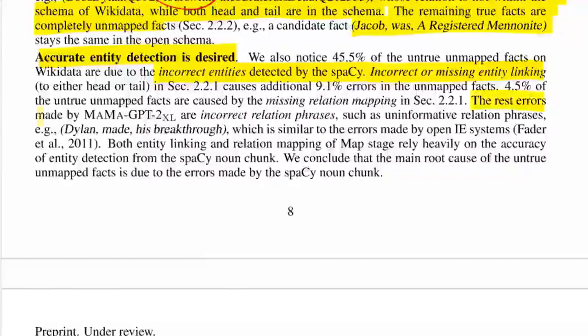"The rest of the errors made by MAMA are incorrect relation phrases, such as uninformative relation phrases." For example, Bob Dylan made his breakthrough. Well, what can you do? What other verb would you put there?